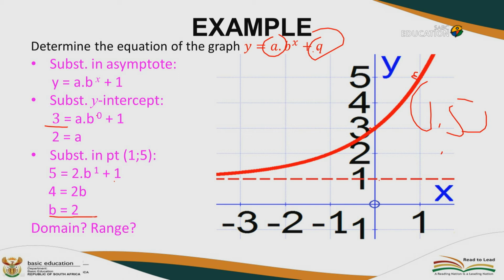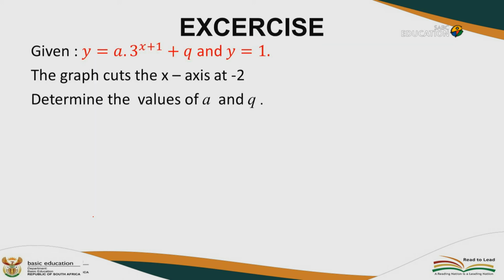So we already got a, we got q, and we have our equation. Which means our equation will be y equals 2 times 2 to the exponent x, plus 1. And it makes sense: a is positive, so it lies above the horizontal asymptote. So that's a small exercise.